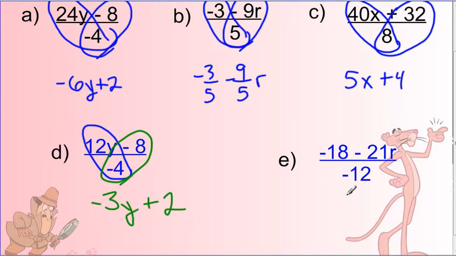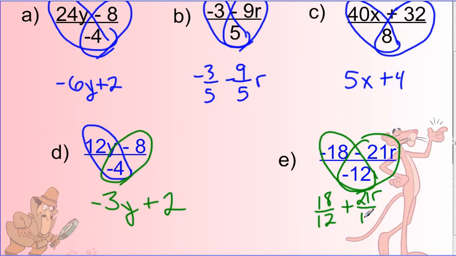Letter E. Well, this does not divide evenly. 18 does not divide by 12 evenly, so we're going to leave it as 18/12. Now, I'm leaving it as a positive because a negative divided by a negative is positive. And the same thing on this side, negative divided by a negative is positive. 21r/12.